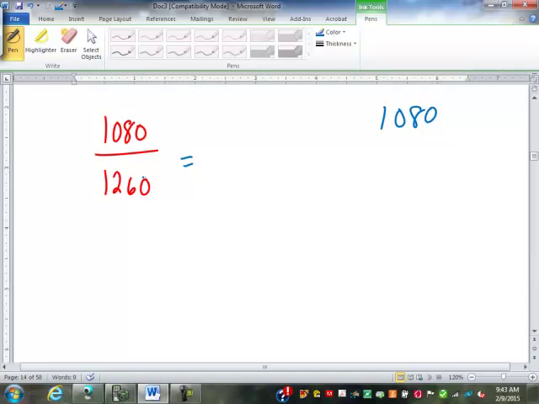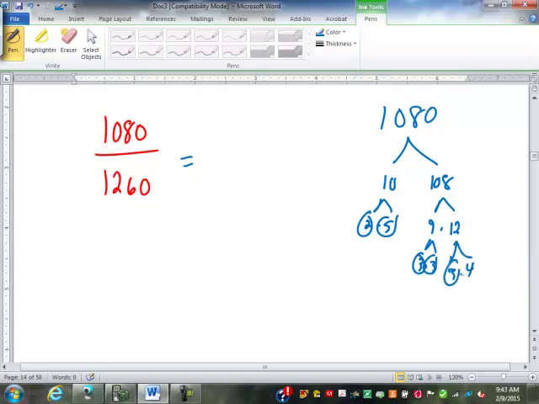But if you're really totally stumped and you're struggling, this is 10 times 108. 10 is 2 times 5, so those are prime. 108 is 9 times 12, 9 is 3 times 3, 12 is 3 times 4, and 4 is 2 and 2.